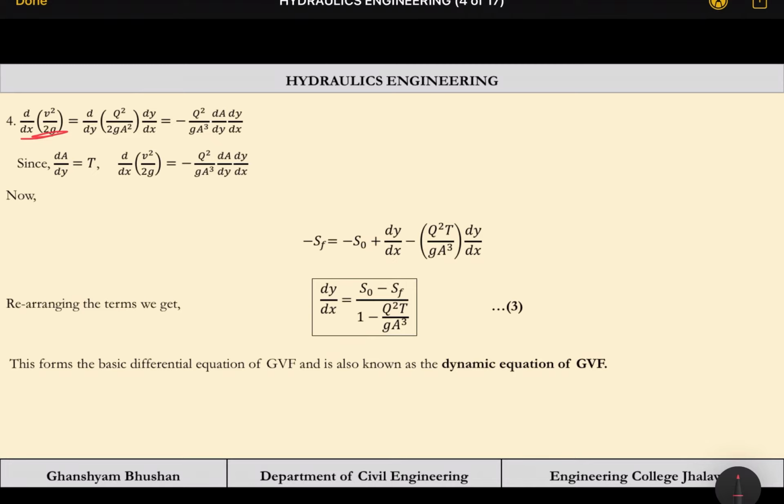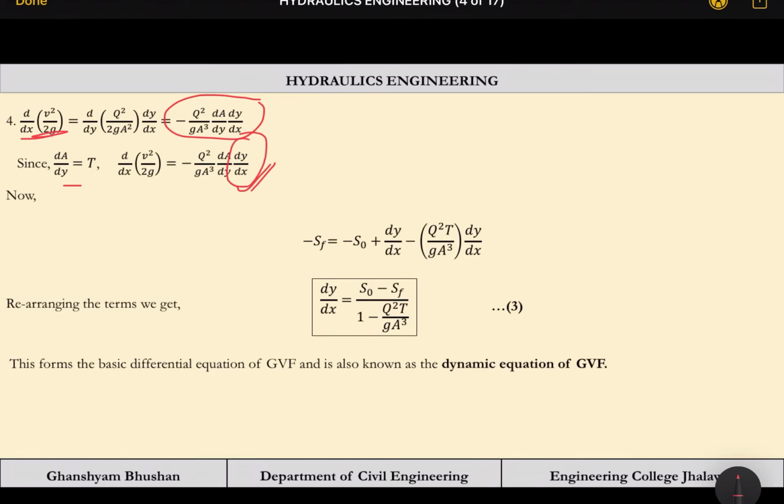If we differentiate it, we get this value, and dA by dy we already know is capital T, the top width. So finally we get the differentiation of the velocity head as minus Q square by g A cube, dA by dy into dy by dx.